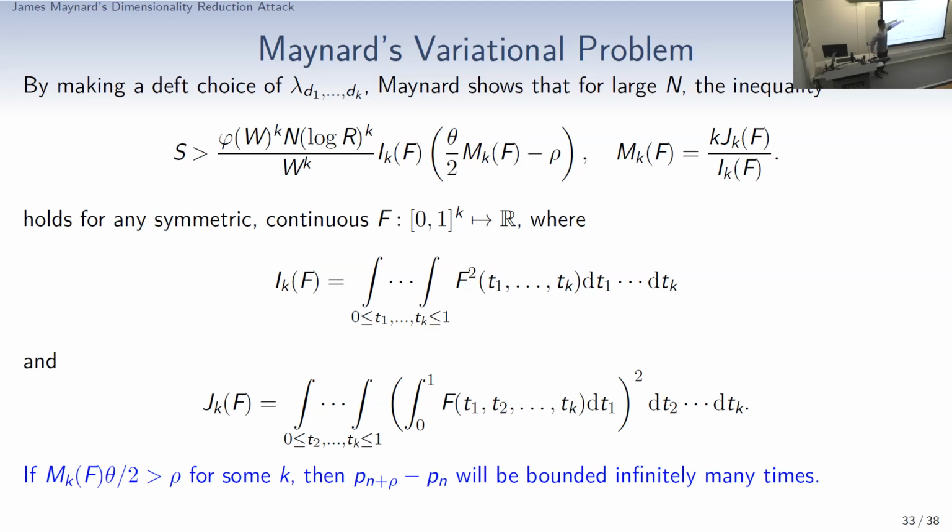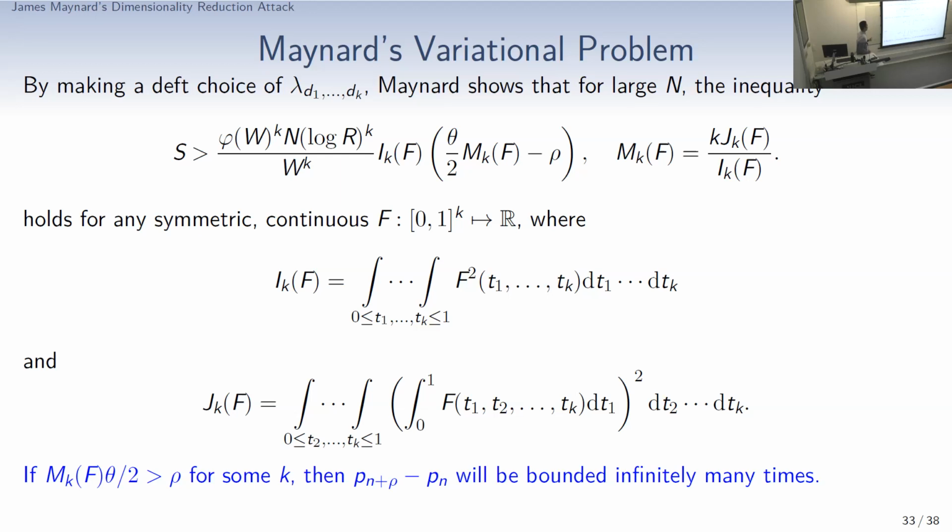So this M mapping sends a function to a real number. In the language of calculus of variations, this is a functional, sending a function to a number. And the problem of optimizing this functional is a variational problem.